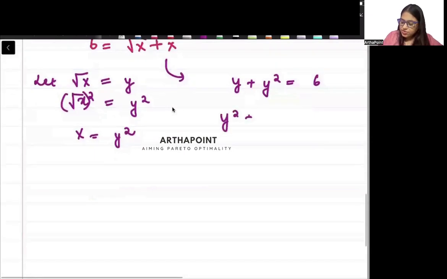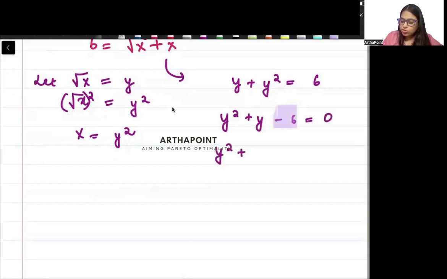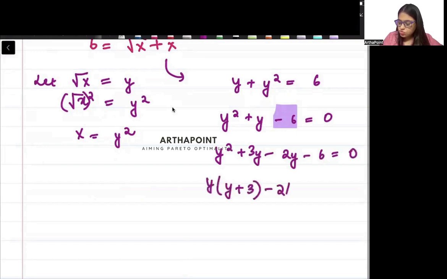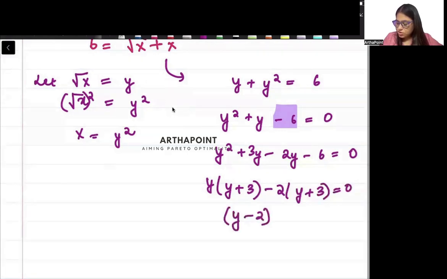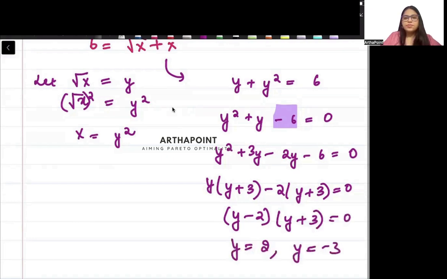So you will get y square plus y minus 6 equal to 0. Now 6 is 2 into 3. So y square plus 3y minus 2y minus 6 equal to 0. y plus 3, minus 2, y plus 3 equal to 0. y minus 2, y plus 3 equal to 0. y is equal to 2, y is equal to minus 3.